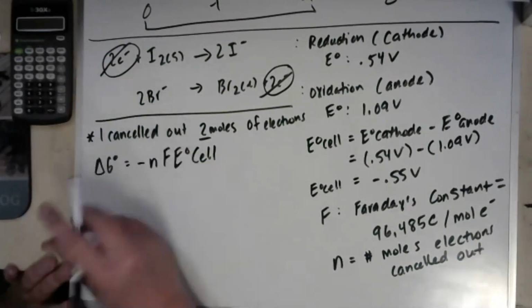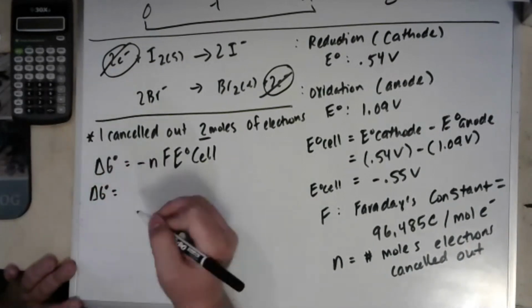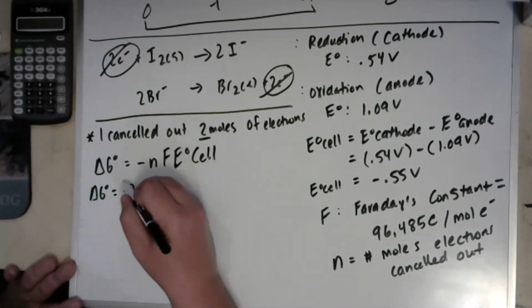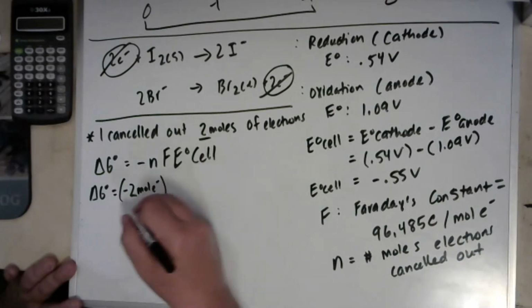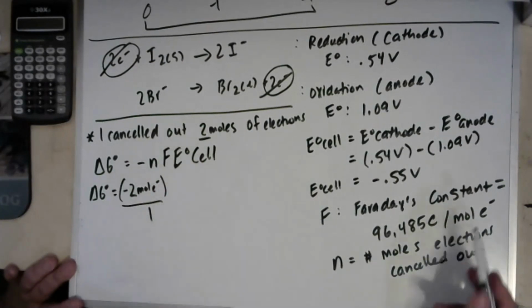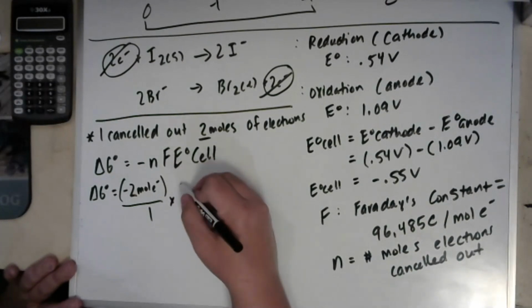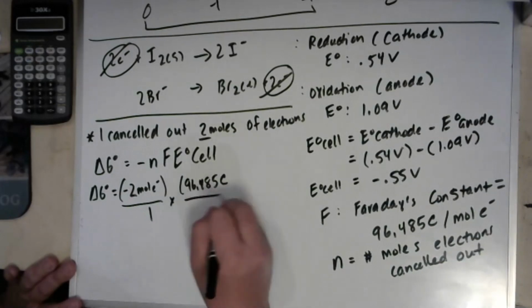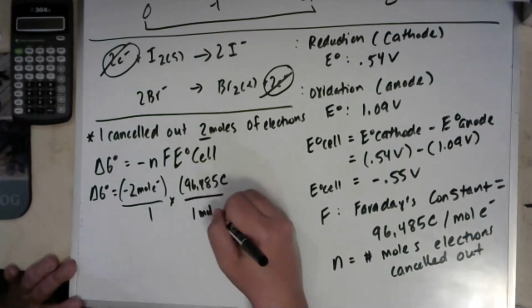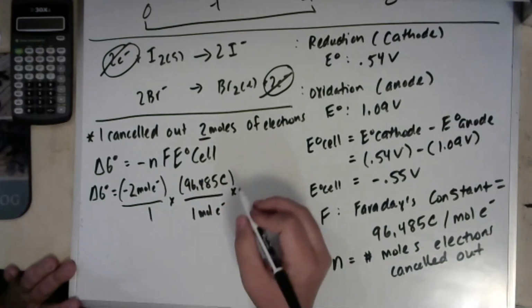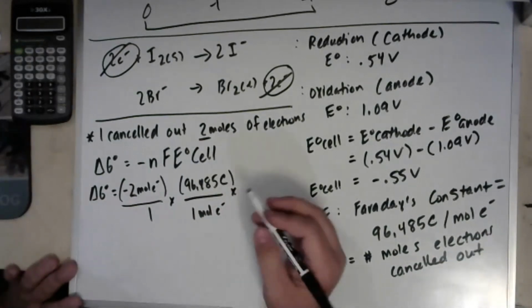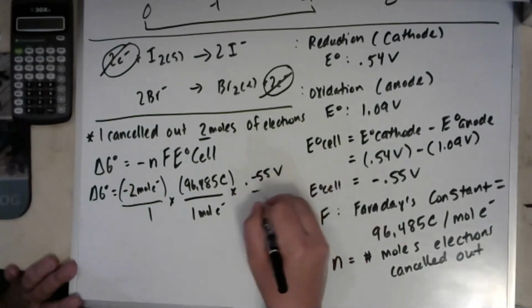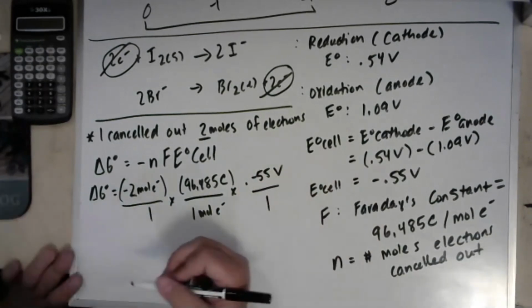So delta G is going to equal -2, and I'm going to put it over 1 since with Faraday's constant it ends up being a fraction, times 96,485 coulombs over 1 mole of electrons, and then times E cell, which is negative 0.55 volts over 1.